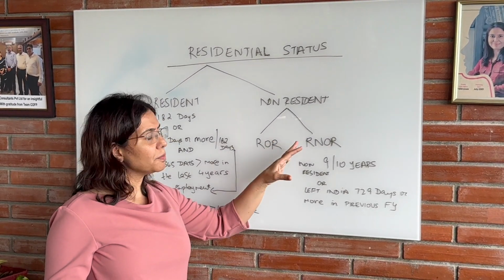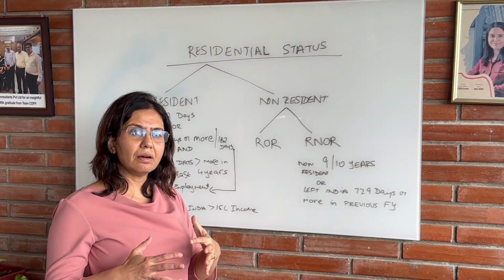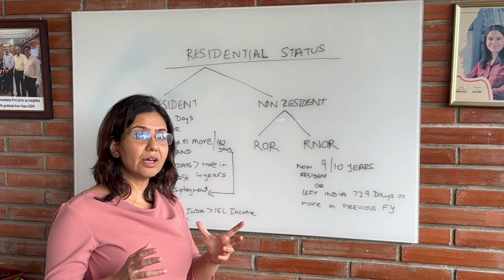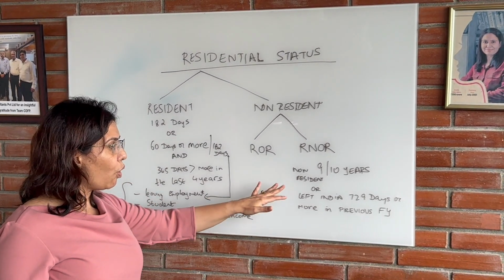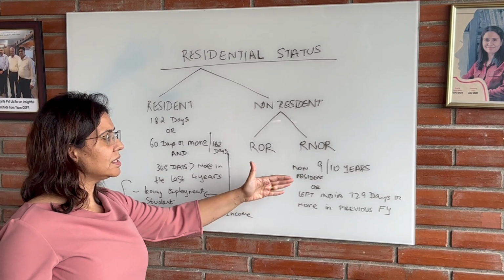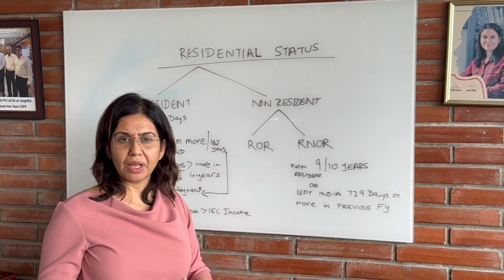For a person to be considered RNOR, the person must have been outside India for 9 out of 10 years preceding the previous financial year, or he or she has been in India for 729 days or less in the preceding 7 years.